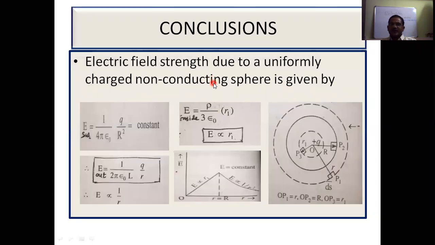Now, after that we completed the discussion of field strength due to the non-conducting sphere. Here, in the case of a non-conducting sphere, charge not only distributes on the surface, it can be distributed throughout the volume of the sphere. For an external point, we are getting the field strength 1 by 4 pi epsilon naught Q by r square.